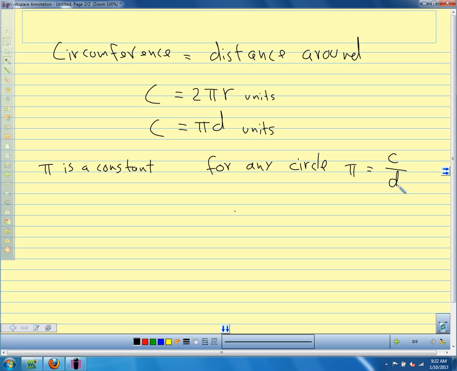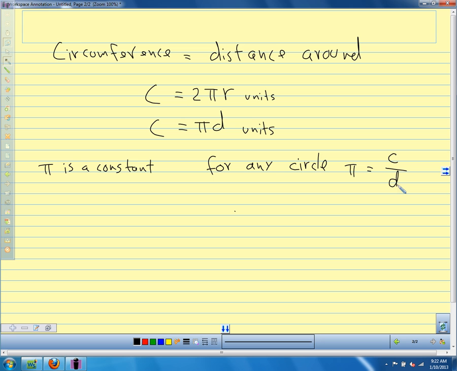And when they had circular pieces of land, they figured out that this number pi pops up. There's a reference to the value of pi in the Bible that gets talked about a lot. So humans have been aware of this number pi for thousands of years.